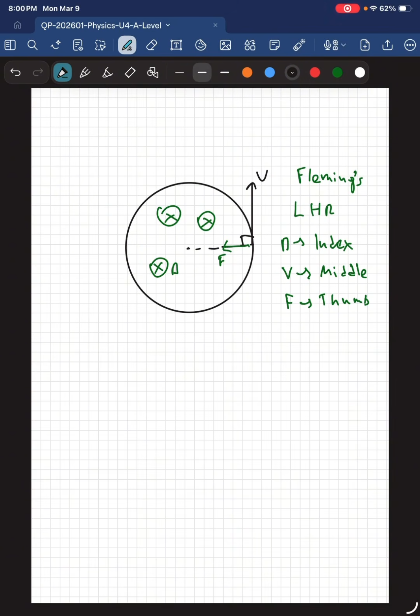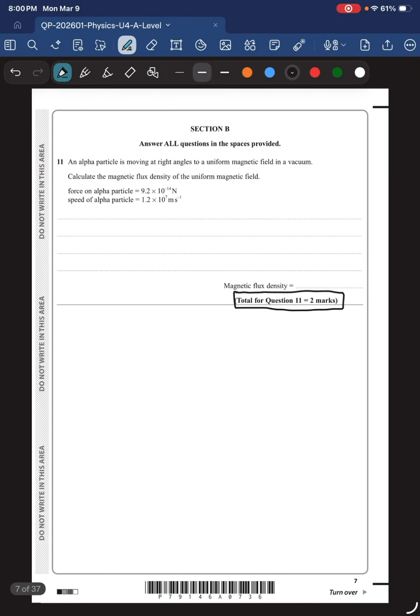And what is the force that keeps this under circular motion? qvB, right? So the sum of all forces is mv squared over r, so qvB is mv squared over r. But in this case, they actually give us the force on the alpha particle, so it's kind of easier.